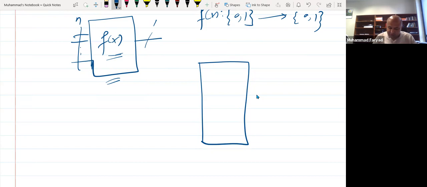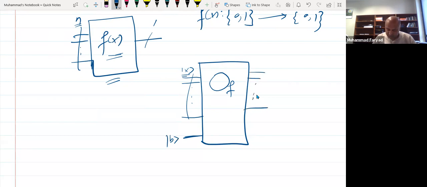So one way of doing this is that the input that goes to this function f of x is n-bit long. So let's say the bit string at the input or the state is |x>. So we can have an oracle, let's say O_f, which works like this: maybe there's an input here, let's call it some state |b>, and then all of this input is presented at the output again.